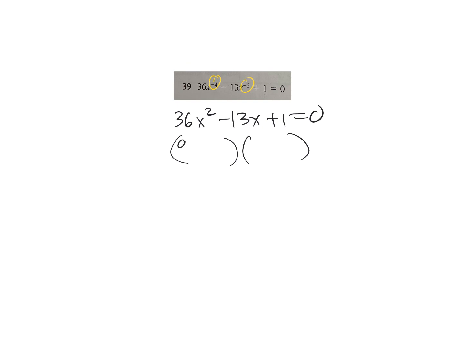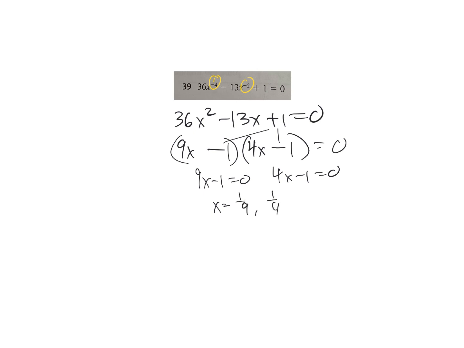Okay, I can see a 9x and a 4x. Factors of 1 are 1. They both have to be negative to give you, when you add them together, negative 13. When you multiply together, it gives you positive 1. So originally, you would have 9x minus 1 equals 0, or 4x minus 1 equals 0. And your answer would be positive 1/9 or positive 1/4.